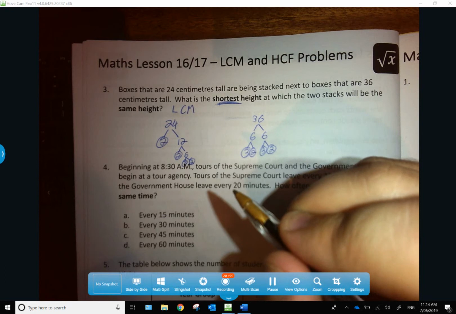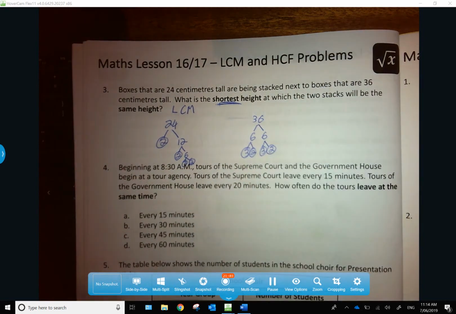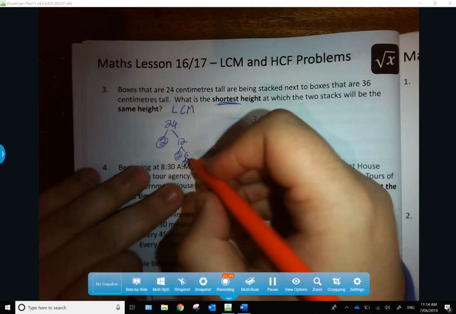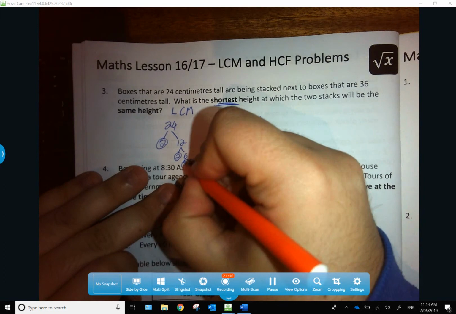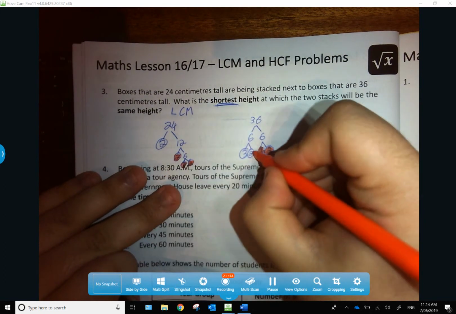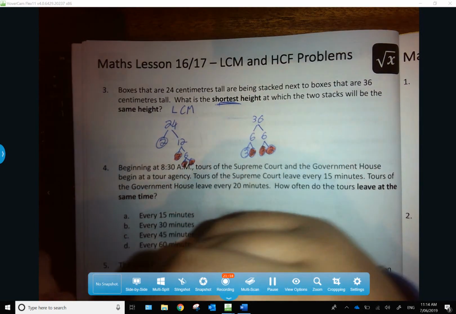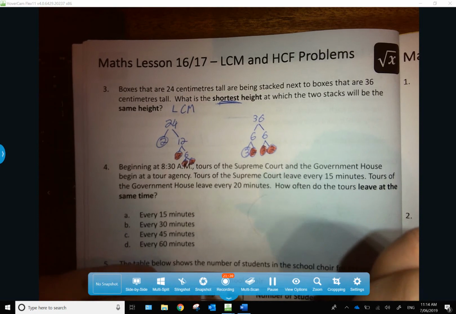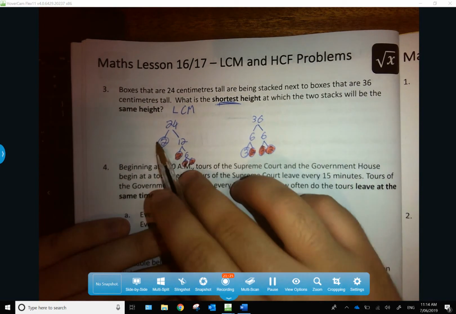Okay. So, how did we find the lowest common multiple? It was super easy. You had to highlight all of the ones that were the same. There's a 2 here, there's a 2 here, there's a 3 here, there's a 3 here, there's a 2 here, and there's a 2 here. There's nothing more that I could do. Okay. Then right at the end, don't forget that you need to multiply to find the LCM.